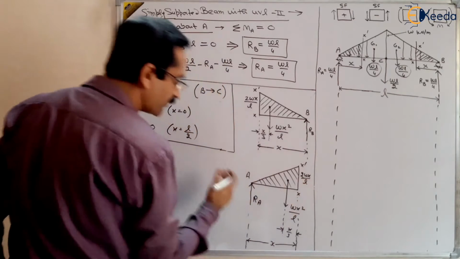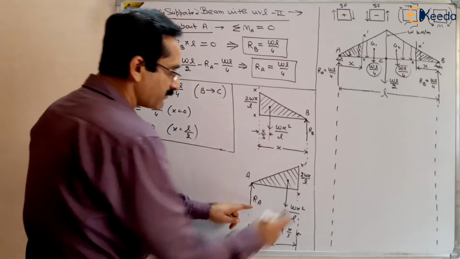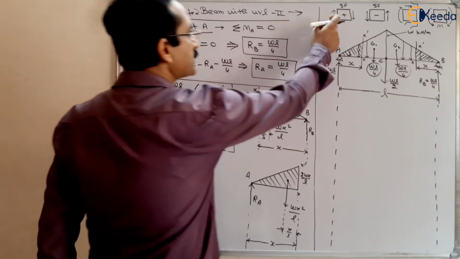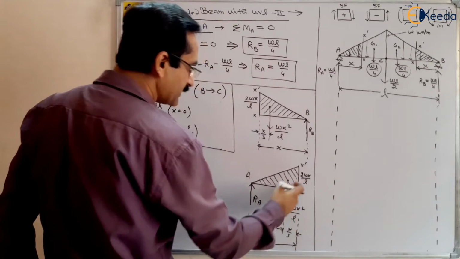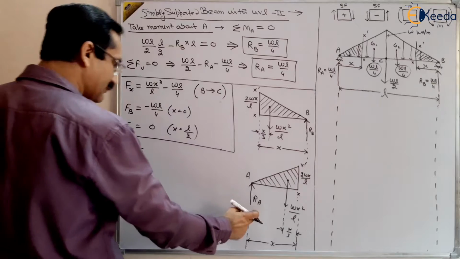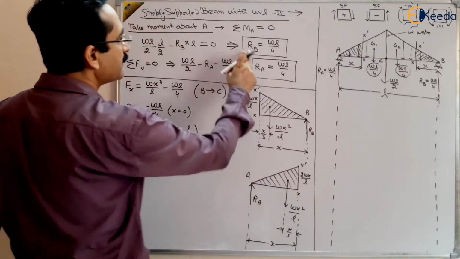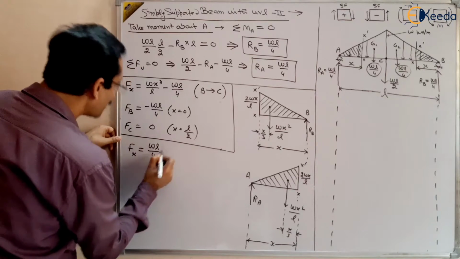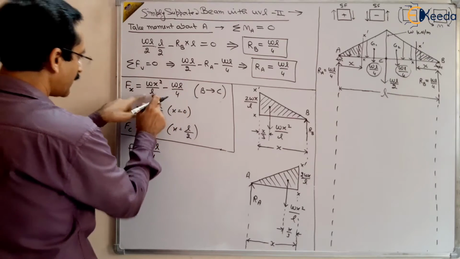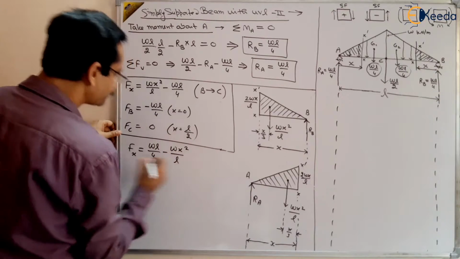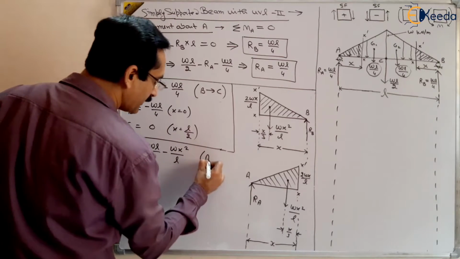So there are two forces to the left of the section. One is RA, one is wx square by L. RA is upward, which is positive, and wx square by L is downward, which is negative. RA is WL by 4. So we can write positive WL by 4 minus wx square by L. And this is valid between A to C.